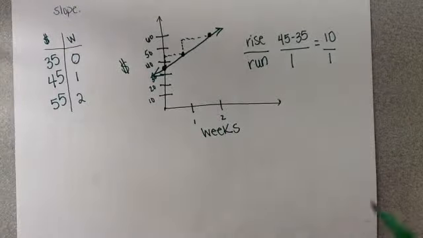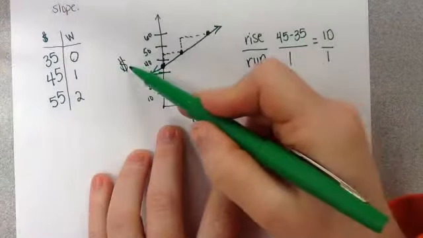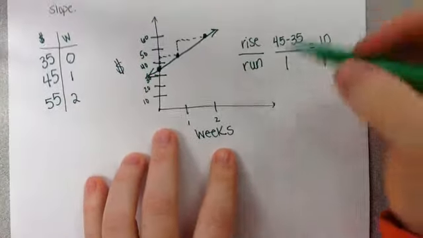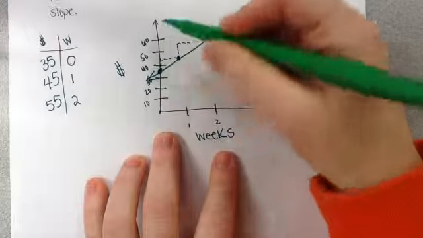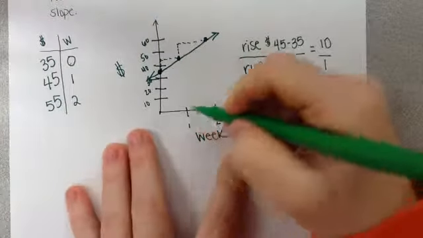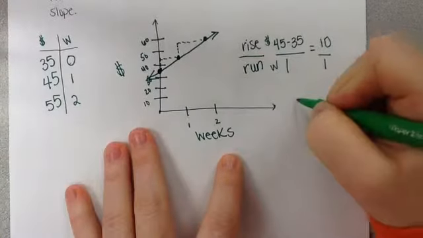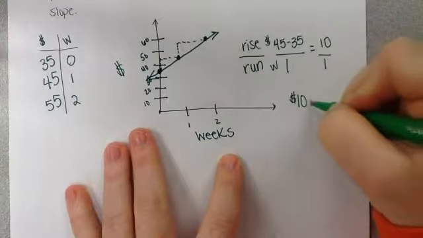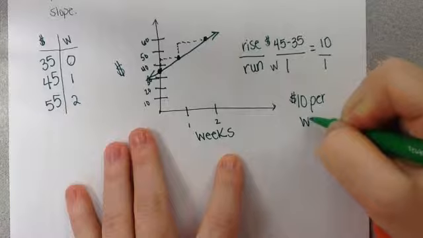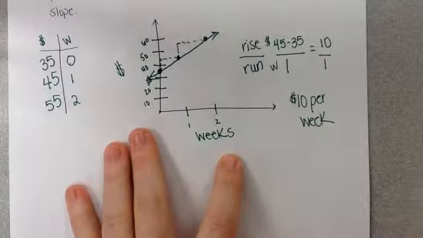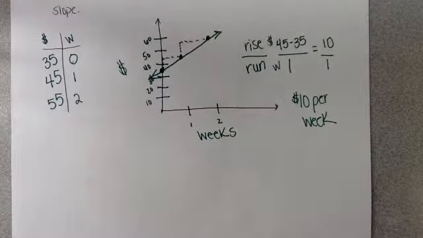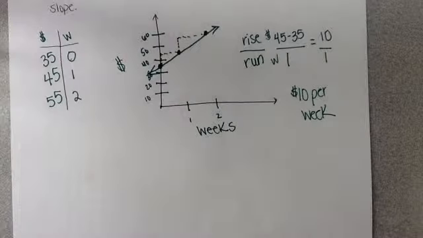So 10 over 1 means $10 per week. The rise, or going up, is the dollar amount. The run, or going right or left, is the weeks. So $10 per week. The slope is 10 over 1, which just means this graph is going up $10 per week.